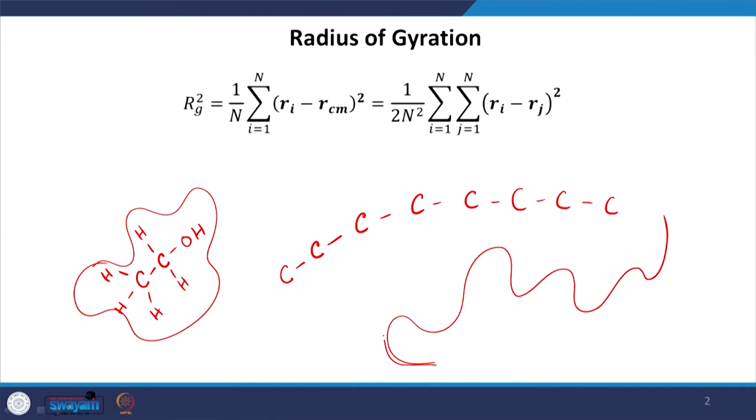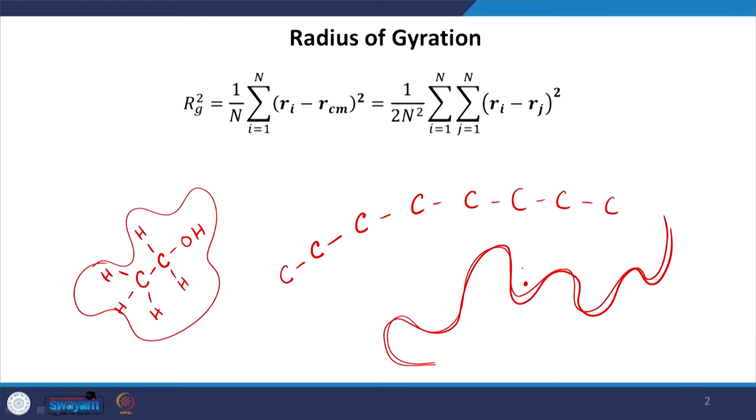So for the size we can use the Rg, and size herein does not quite represent the length of the polymer chain, but it represents in some way the space that is occupied by the polymer chain.